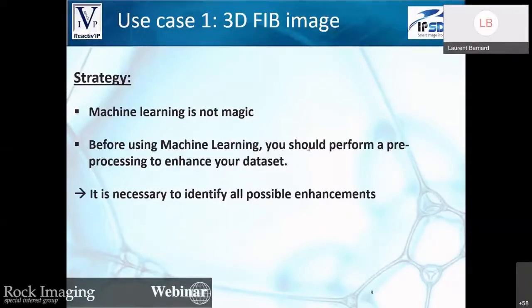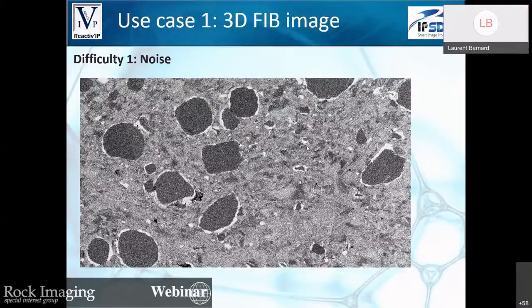For example, if you see a slice of the dataset, you can see, as in many other datasets, you have some noise present in your image, and you have to apply a filter to increase the quality of this image.